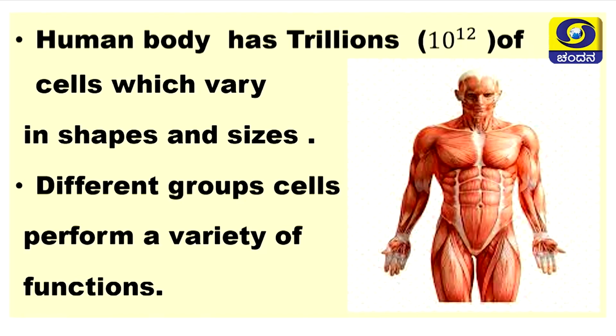The human body is also made up of trillions of cells. Trillions, you know, is 10 to the power of 12 cells, and almost all cells in the human body vary in shapes and sizes. In the human body, different groups of cells perform a variety of functions because there are tissues and also organs.